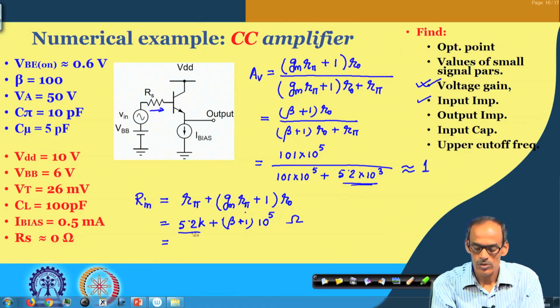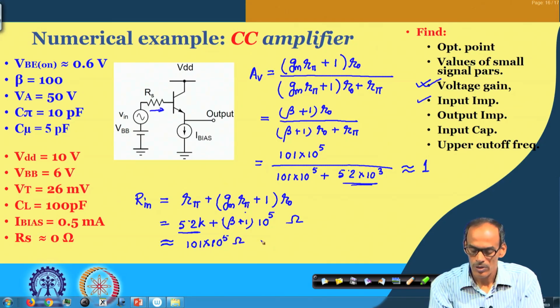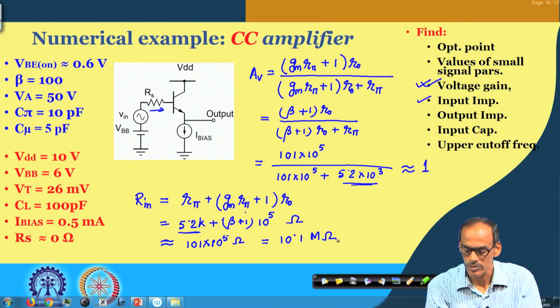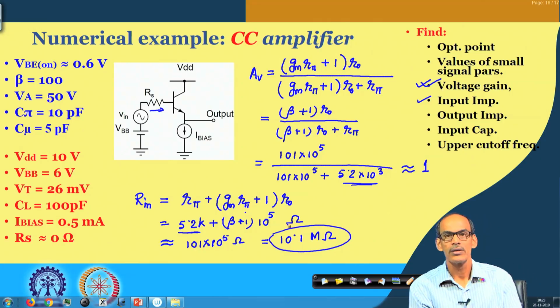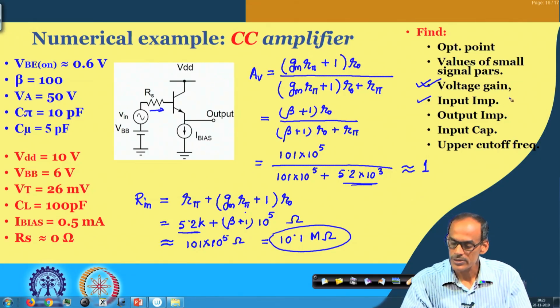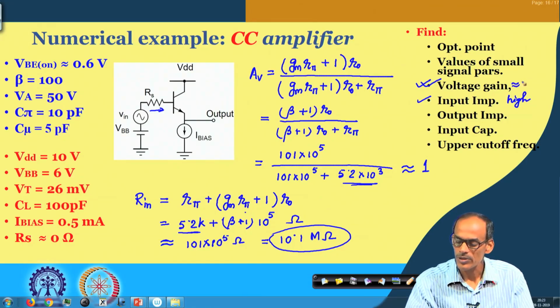Again this part will be very small, so we can directly approximate this by 101 into 10 to the power 5 ohms, or what we say is 10.1 mega ohms. So, this is quite high. So, the input resistance, as we said, is very high, approximately tens of mega ohms.